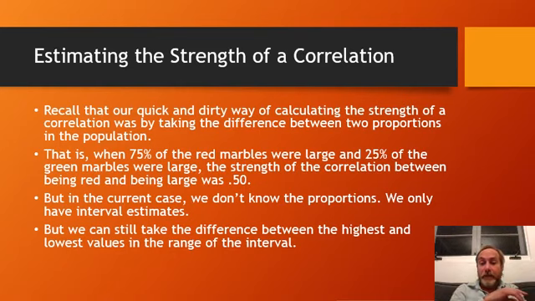So, for example, two lectures ago, when we saw that 75% of the red marbles were large and 25% of the green marbles were large, we could say the strength of the correlation between being red and large was 0.5, 75 minus 25. But in the current case, we don't know the proportions. That's the whole question we're trying to answer. We only have these interval estimates. But we can still do a similar thing. We can take the differences between the highest and lowest values in the range.